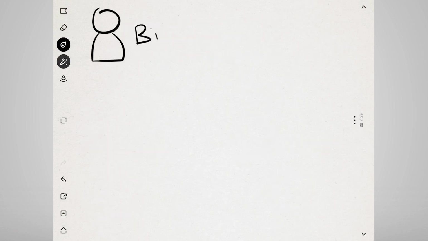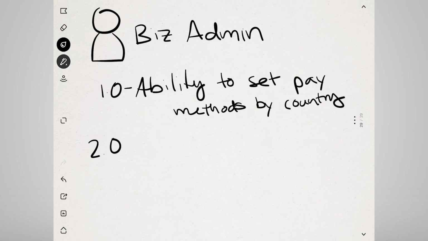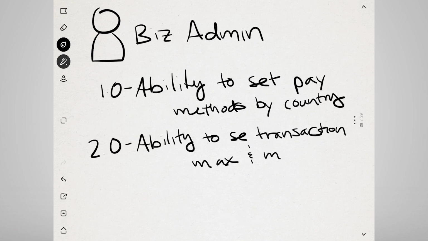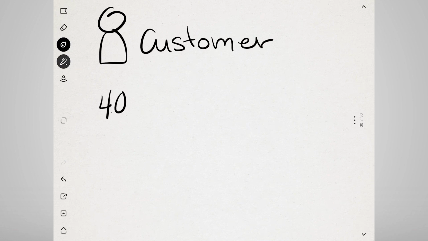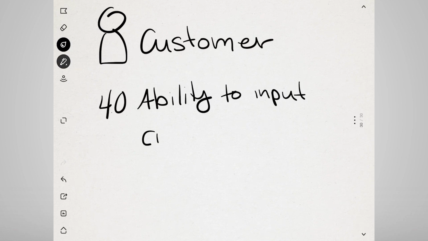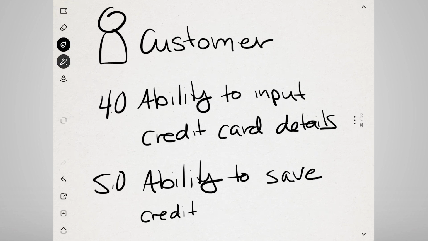Some example stakeholder requirements for the administrator role might be the ability to set up payment methods for the customer by the country they might be in, the ability to set up maybe maximum or minimum limits on payments, or the ability to set special pricing based on contracts with the customer. For the customer, a little bit more straightforward, it might be things like the ability to input credit card or ACH details, or the ability to save and reuse payment details.